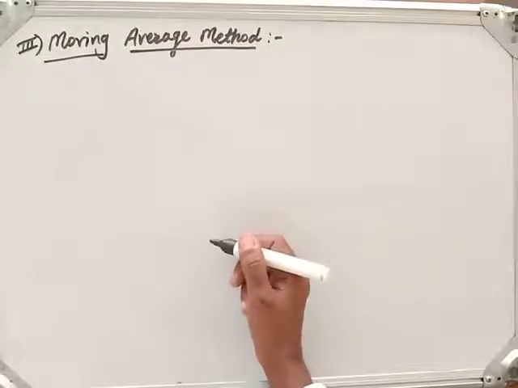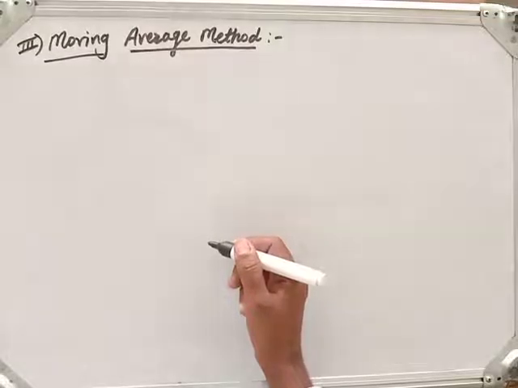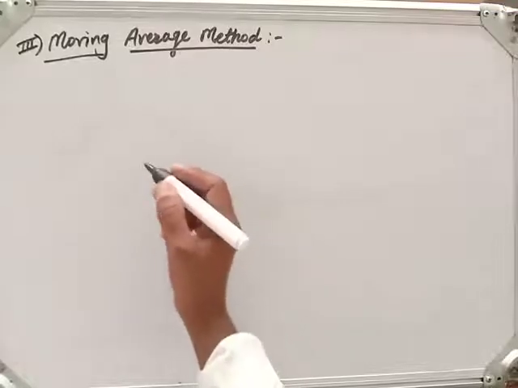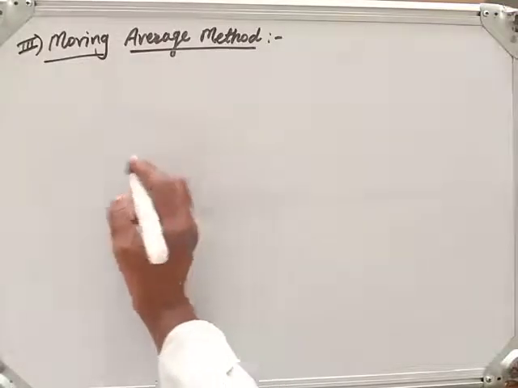The first method is the freehand method, also known as a line graph, and the other method is the semi-average method, in which either an even number of years or an odd number of years are given, and it changes accordingly. Now this is the third method, the moving average method.